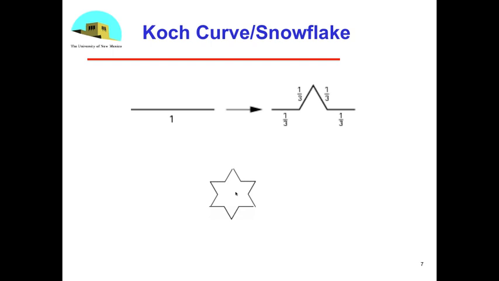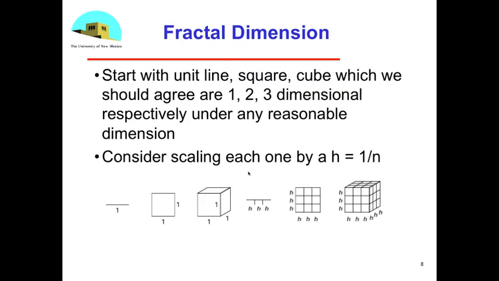And there are various ways to do that. The way I'm going to show you is, I think, very straightforward. So let's start with this idea, that if I draw a line segment of length 1, a square with a side of length 1, and a cube which has length 1 in each dimension, we should all agree that for any definition I'm going to make of fractal dimension, the line segment should be a one-dimensional object, the square should be a two-dimensional object, and the cube should be a three-dimensional object.